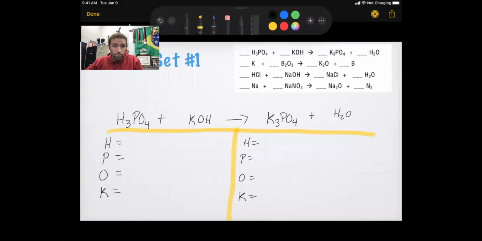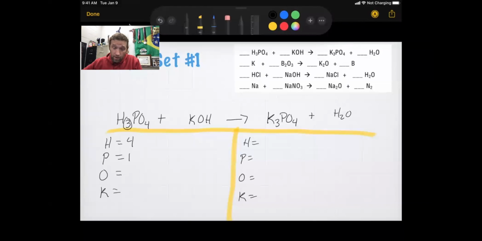All right. So let's go ahead and count them up. On the left-hand side, I've got 3 hydrogens and 1 hydrogen, right? Because that's a 1 over there on the KOH. So there's 4 hydrogens here. There's 1 phosphorus.